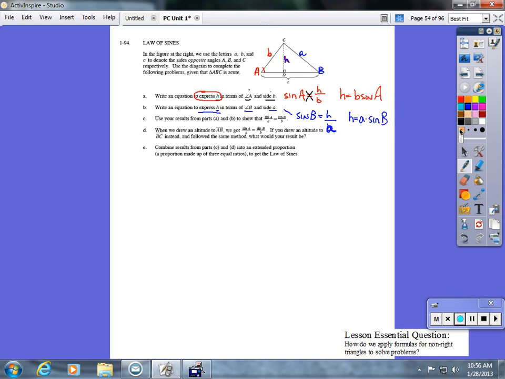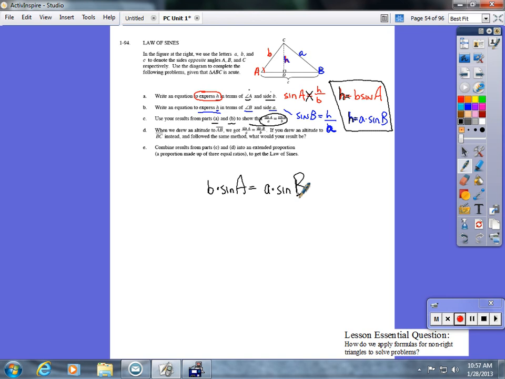Well, this is no different. It says here in part C, use your results from part A and part B to show that sine of A over A equals sine of B over B. Well, these are the two equations we have. So going back to Algebra B, equal values method: if H equals this and H equals that, that means this and that equal each other. So B times the sine of A equals A times the sine of B. This looks a lot like law of sines, but not quite yet.